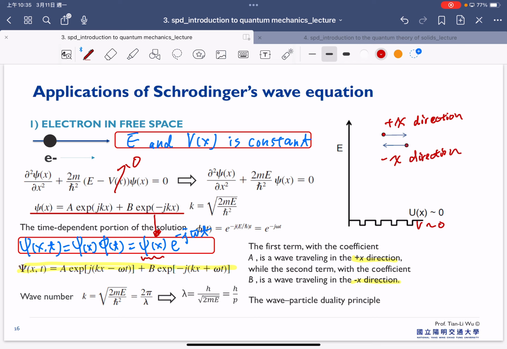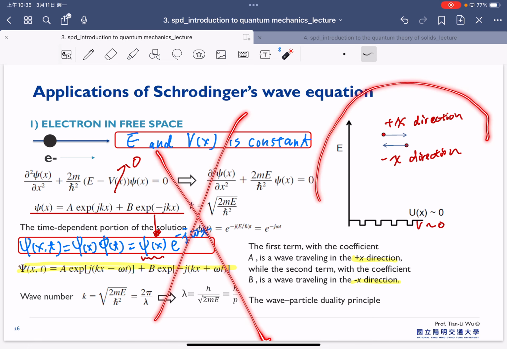So right now, if you forget all of this, with this schematic, of course, in the beginning, we already guessed the right answer. That's pretty straightforward. You have the electron moving in free space. That's for sure that only two possibilities can happen: moving in the positive x, or moving in the negative x.